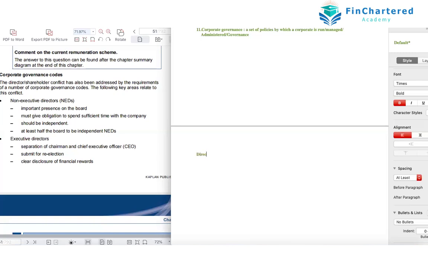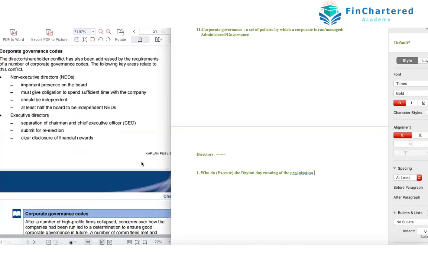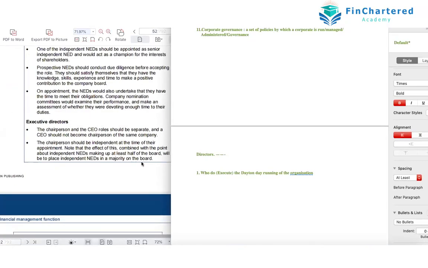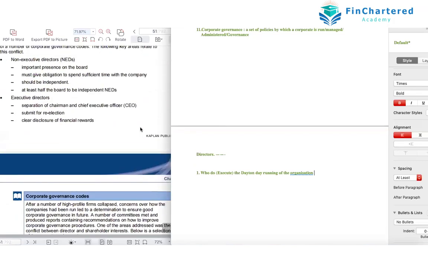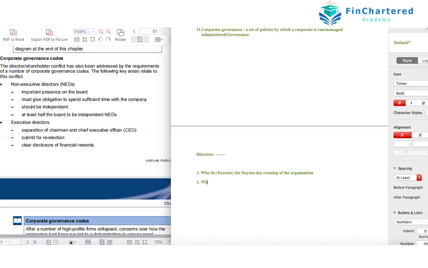we have directors, but we have two types of directors. The directors who execute the day-to-day running of the organization. And then you have those directors who don't do. Non-executive. Execute in English means to do.